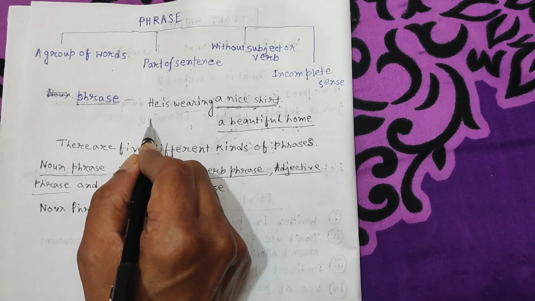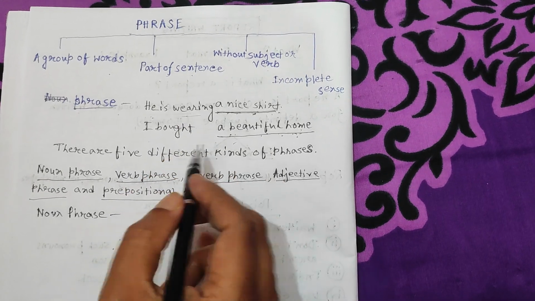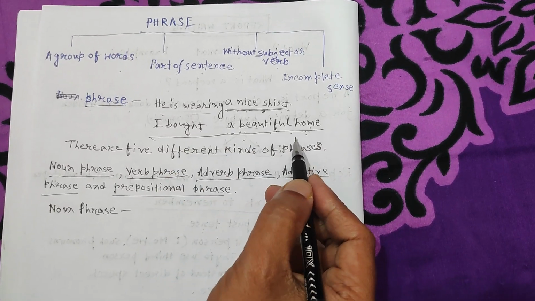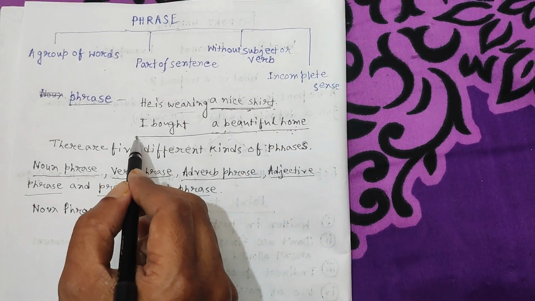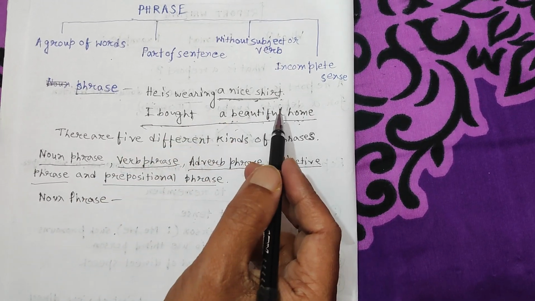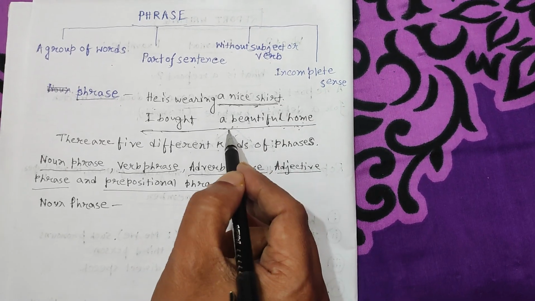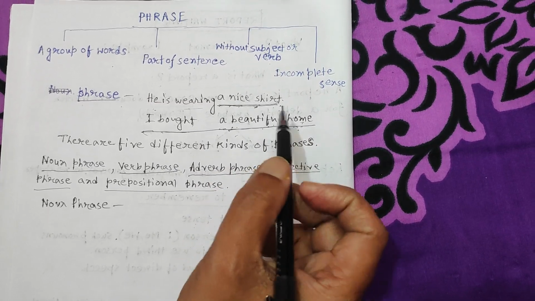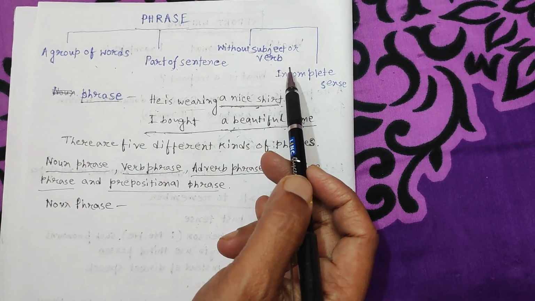Suppose I bought a beautiful home. In this case, it is making a complete sense. You have a subject here, a finite verb here, and this makes a complete sense. So this is a sentence, and a beautiful home can be called a phrase because it also satisfies all the four features of a phrase.